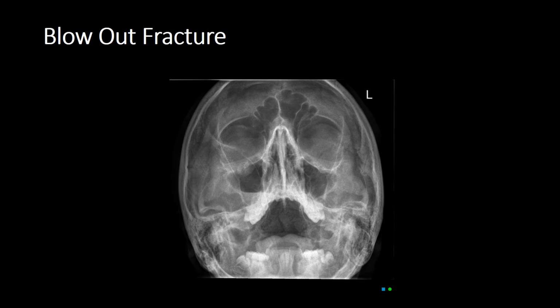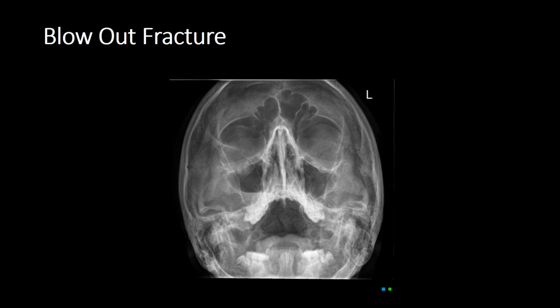There's no fracture to the superior orbital margin. Our frontal sinus is normally aerated with no air fluid level. There's no black eyebrow sign, indicating that there has been orbital emphysema.